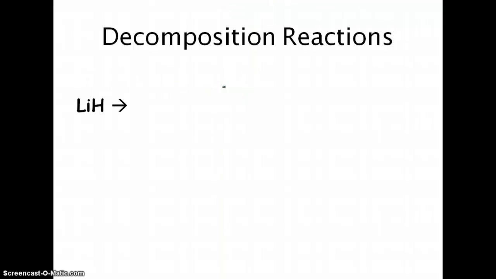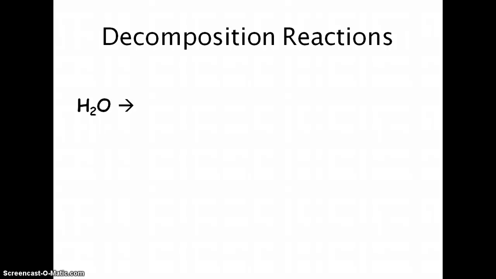Let's look at another one. So we have Li and H. So Li and H are going to be separate. Now evaluate if either of them are diatomic. H is, so you get a little 2. Makes your balancing a little bit more involved, but that's all there is to it.